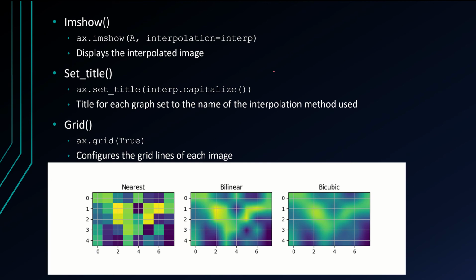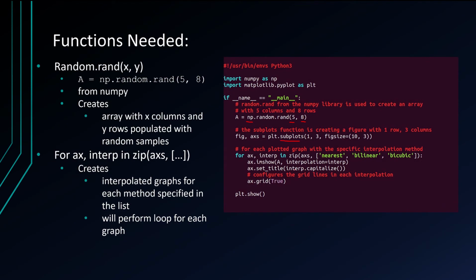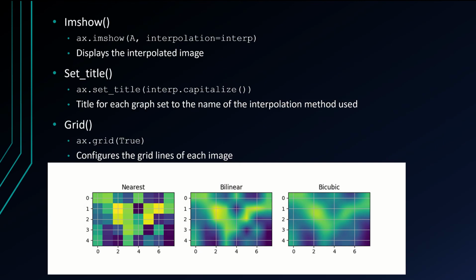Next we have imshow, and imshow will display this interpolated image. And then we have set title, which in this example is the interpolation method capitalized. So as you can see on this graph, we have the different interpolation methods, which each are capitalized.